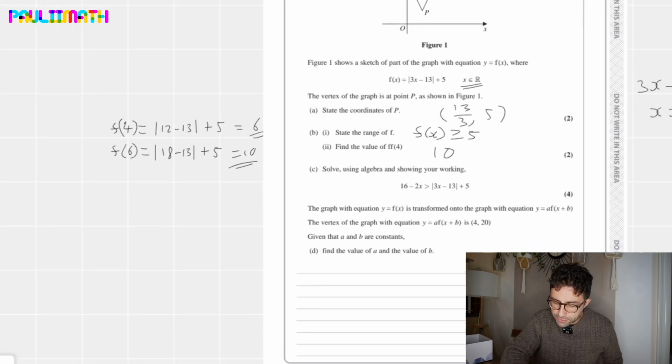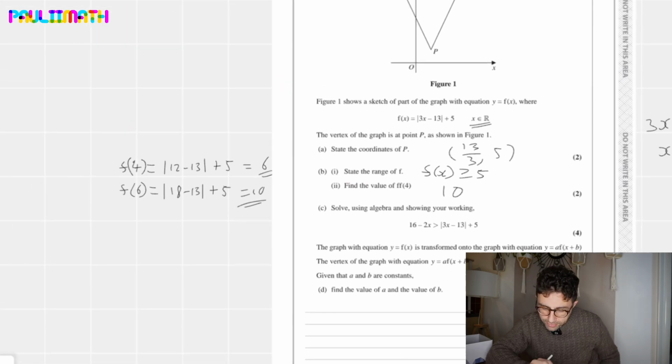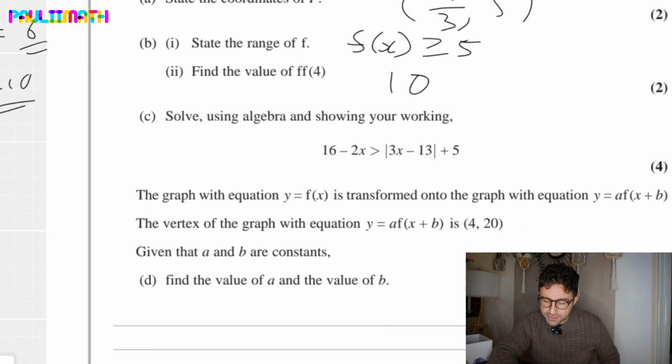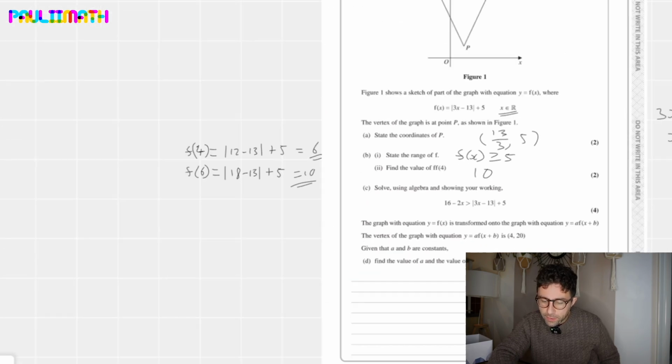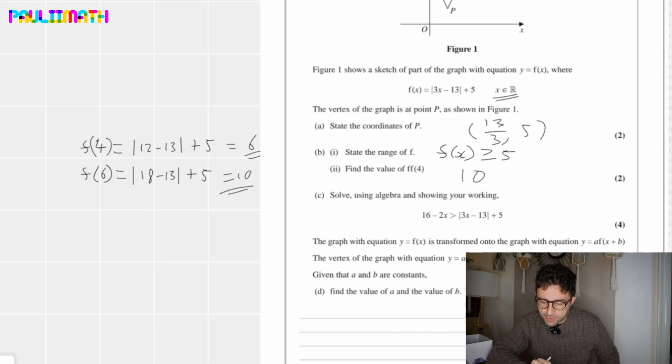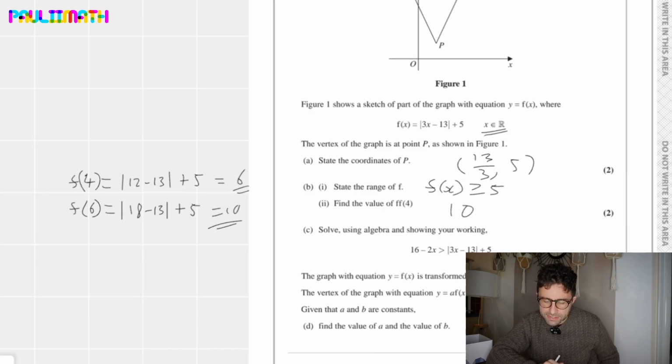Onward, using algebra and showing your working. Oh, I thought it was saying show, it's actually saying solve. Okay, that sounds better. Right, if we're solving a modulus one, you need to be sketching it.